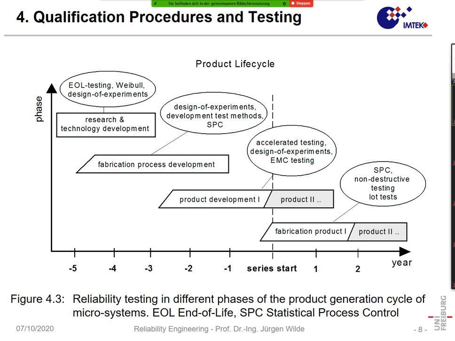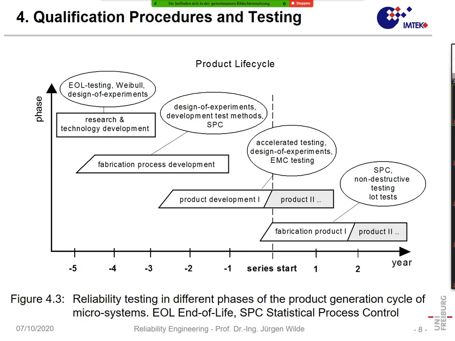Now the question is, how can I make a new technology reliable? How can I get the reliability data? And how will I get this new technology into my product? Here we have to address so-called processes.